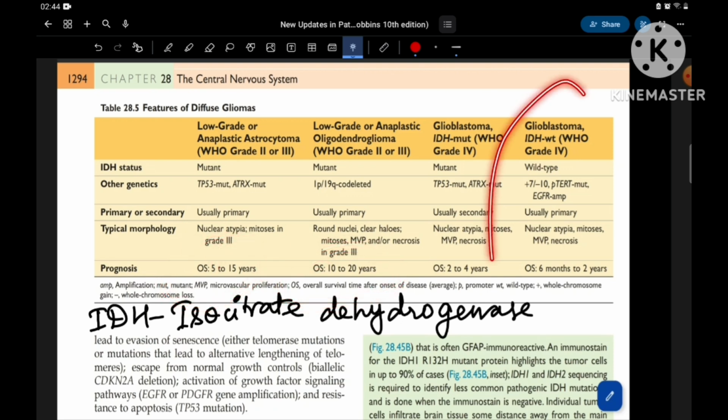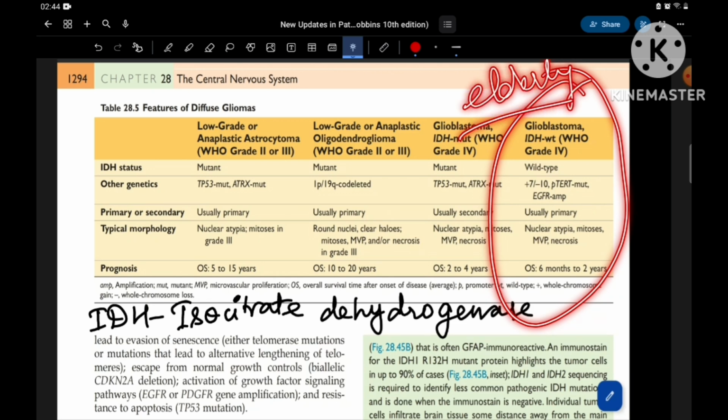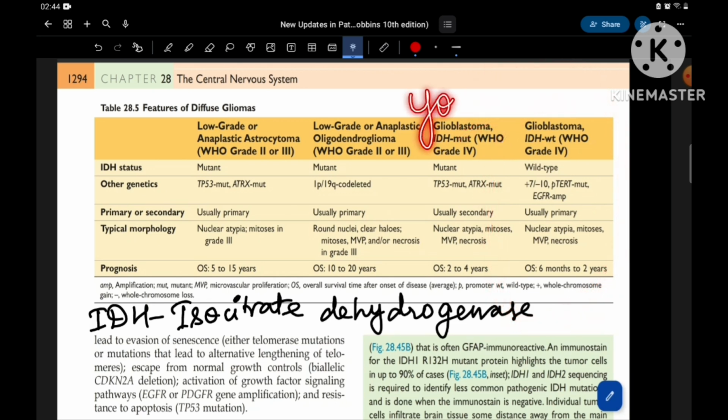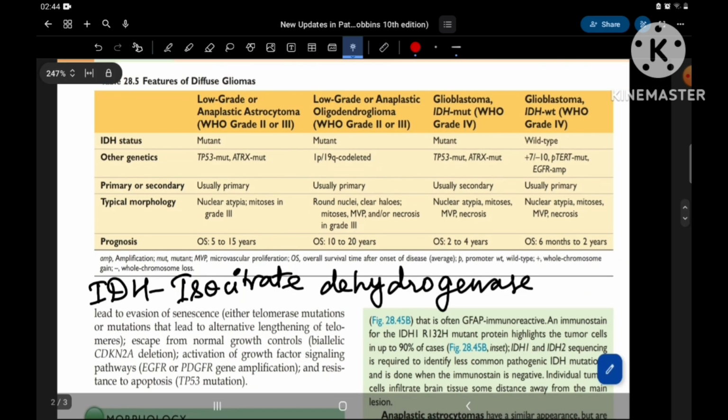They can present de novo, but that usually occurs in the elderly. This one occurs in the young. That point is in the text, not mentioned exactly in the table, but this IDH mutant variety occurs in the young, and this occurs in the elderly.